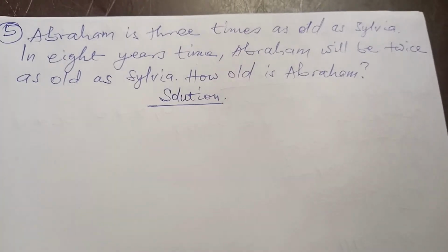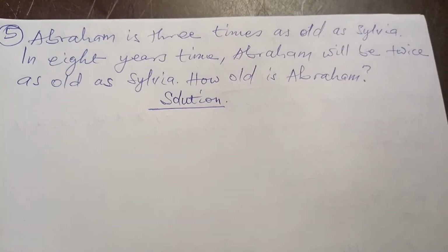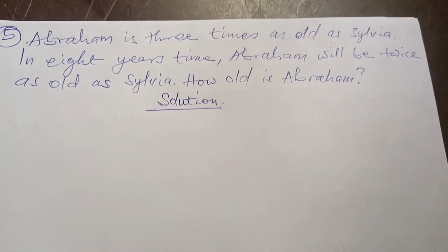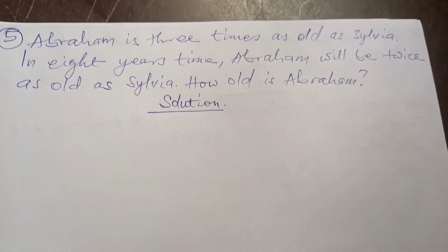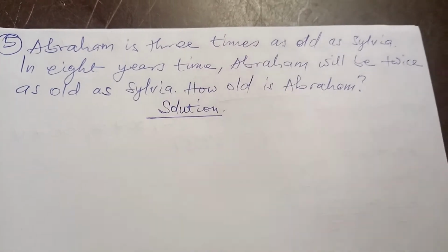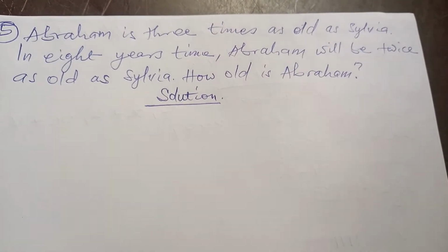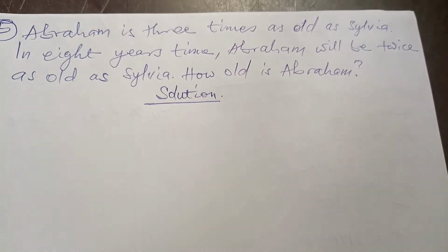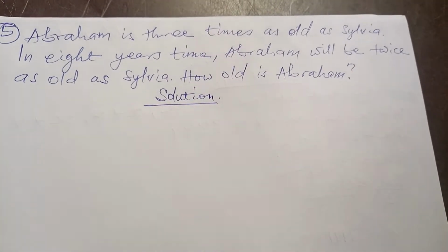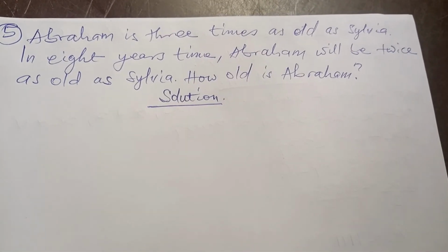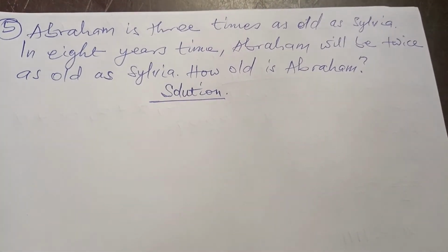Question 5 is, Abraham is 3 times as old as Sylvia. In 8 years' time, Abraham will be twice as old as Sylvia. How old is Abraham? Here they gave us information about the ages of two people, but then there is a relationship between the ages, so we don't have to let the two ages be two different variables.